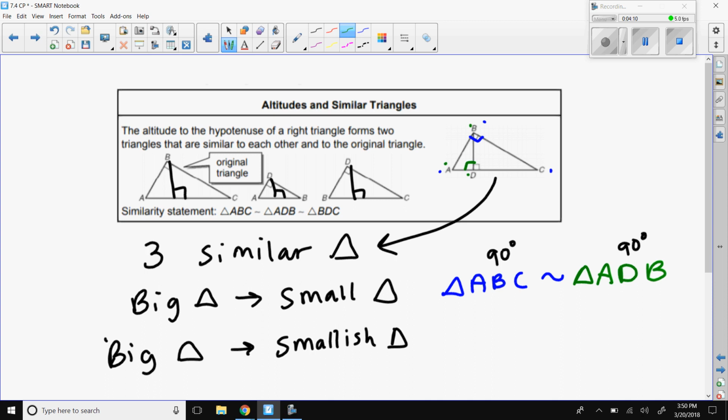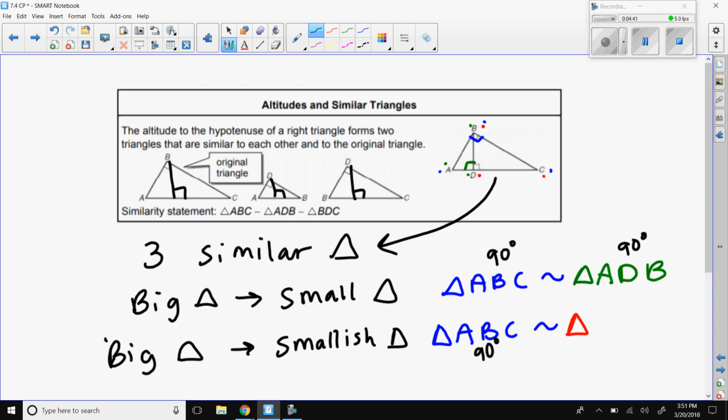I also have my bigger triangle, triangle ABC, similar to the small-ish one, BDC, and I want to match it up correctly. I don't have any A at all, so I have to figure out which one matches with A. B is again my 90-degree angle, and C they're going to share.